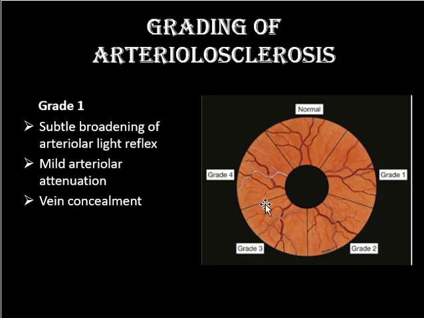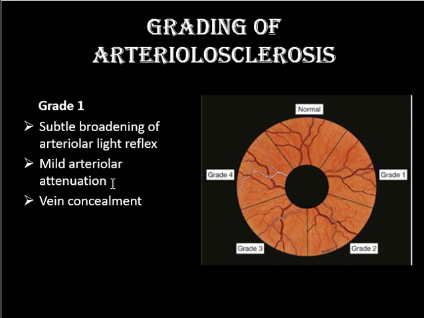And sometimes people say that this is the grading of hypertensive retinopathy. No, this is actually the grading for arteriosclerosis, because hypertension causes not only arteriosclerosis, it also causes disruption of the inner retinal barrier, leading to hemorrhages, hard exudates, and retinal edema.